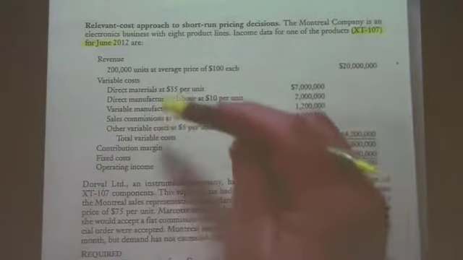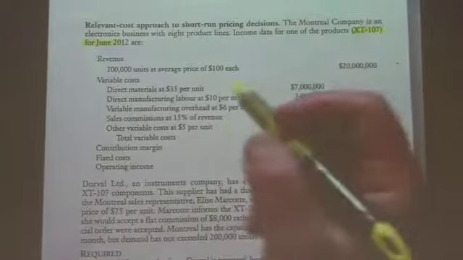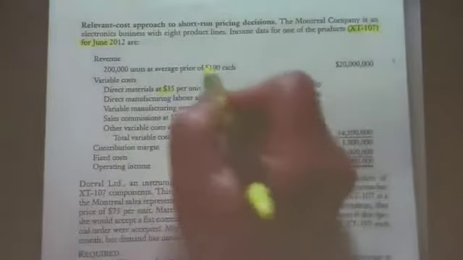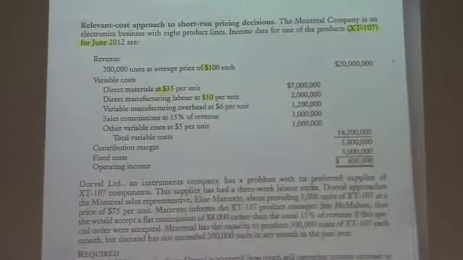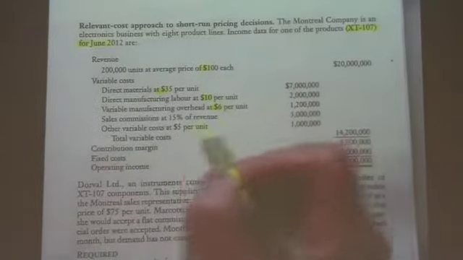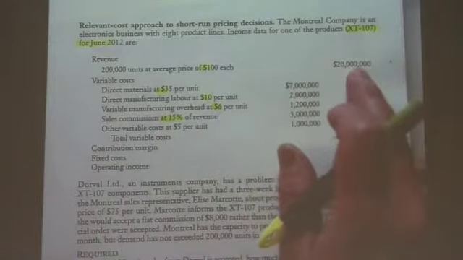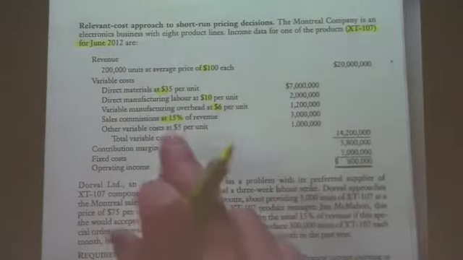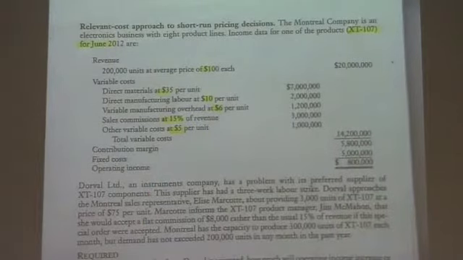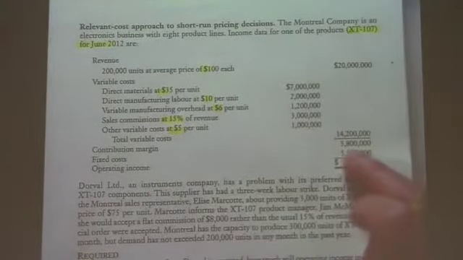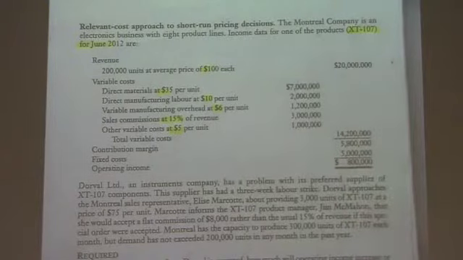Variable costs: direct materials, $35 each. Labor is $10 per unit. Variable manufacturing overhead is $6. Sales commission is 15% of revenue, so it's 15% of this $20 million. Other variable cost is $5 per unit. And total variable cost and contribution margin is 5.8. Then fixed cost is $5 million to give us an income of $800,000.